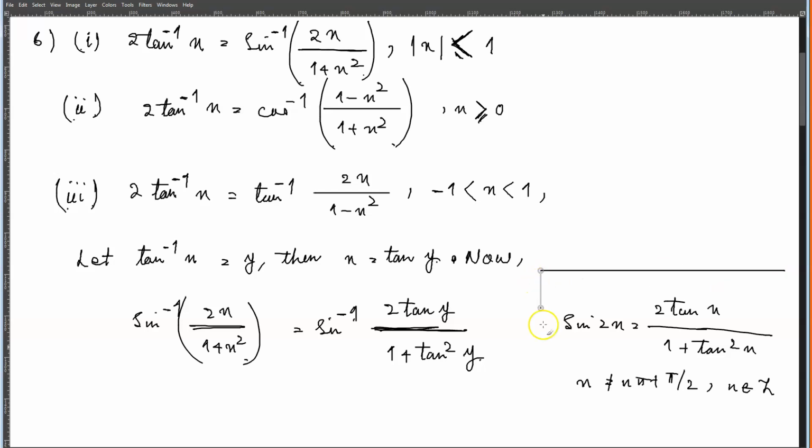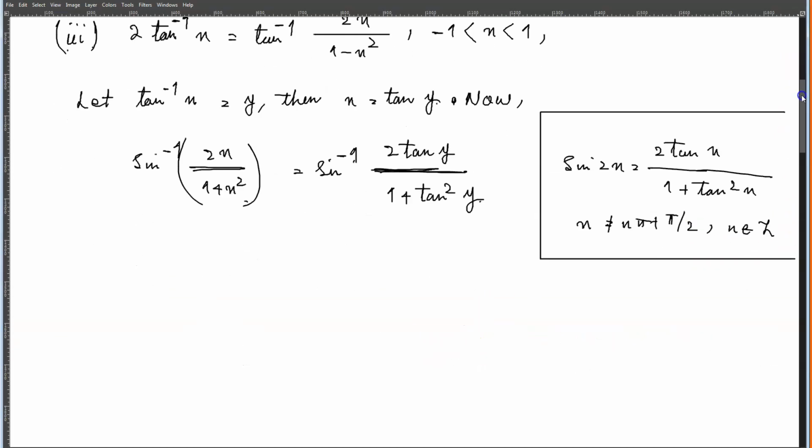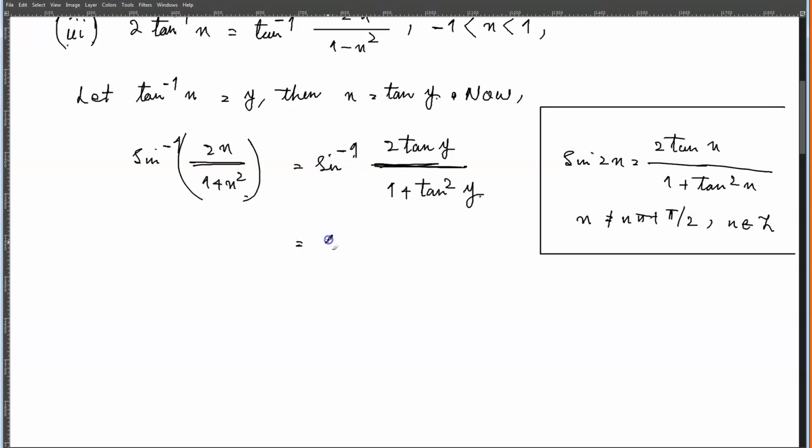So that's what we proved before, which means that over here I have the exact same thing, 2 times tan y over 1 plus tan squared y. I can write it as sine of 2y. I can write this as sine inverse of sine 2y.